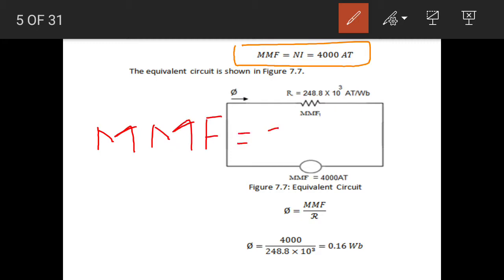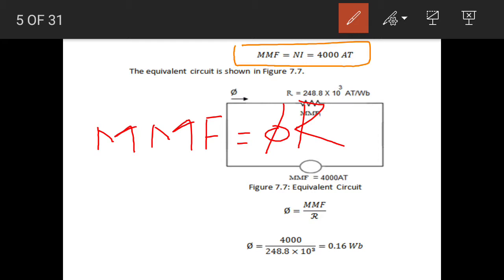So MMF is known in this equation, which is 4000 ampere turn. We have already calculated the reluctance of this magnetic circuit, which is 248.8 into 10 raised to power 3 ampere turn per Weber.